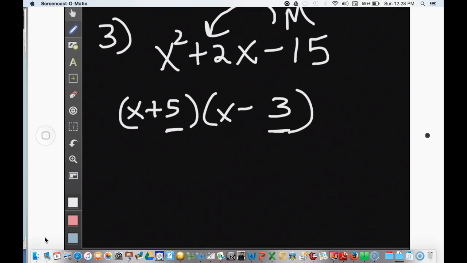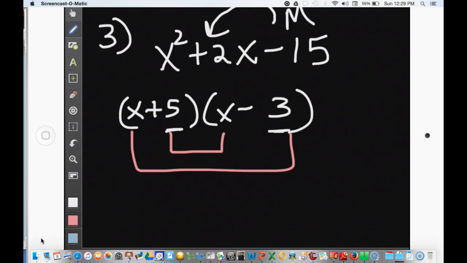Again, 5 and negative 3 multiply to negative 15, but we'll have the added benefits of the inners, which are 5x, and the outers, which are negative 3x, or as I call the OI's, combining and giving us a 2x.